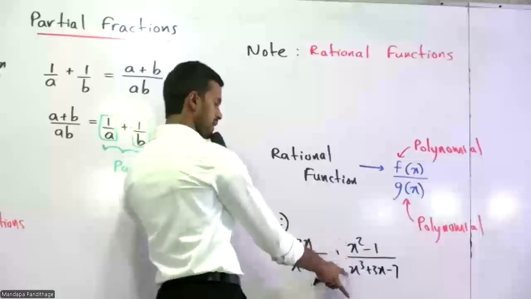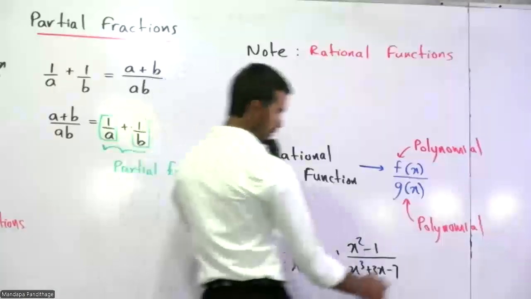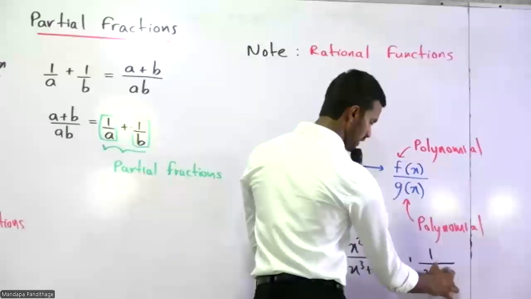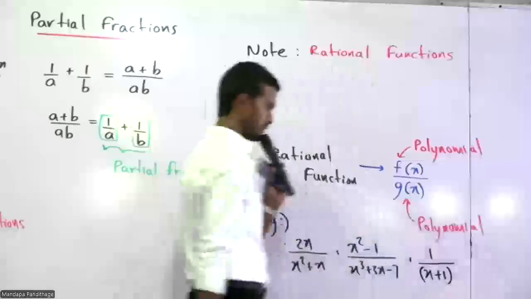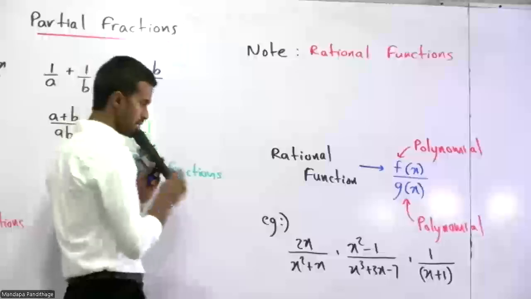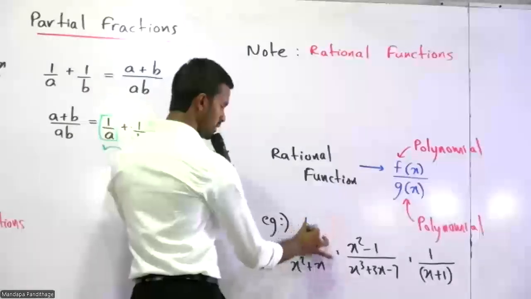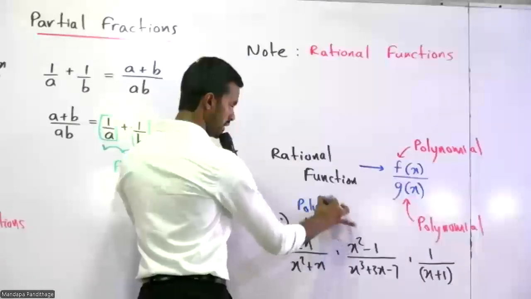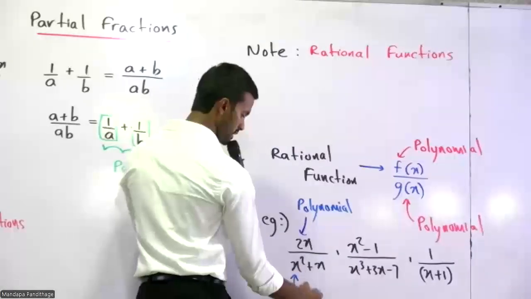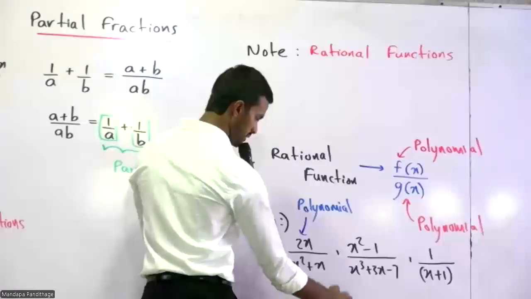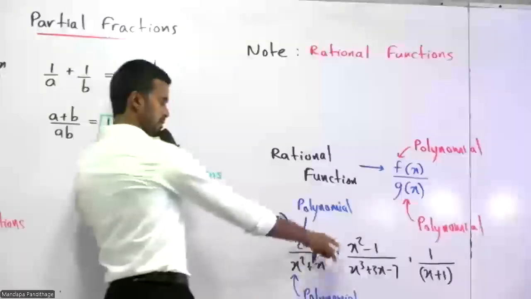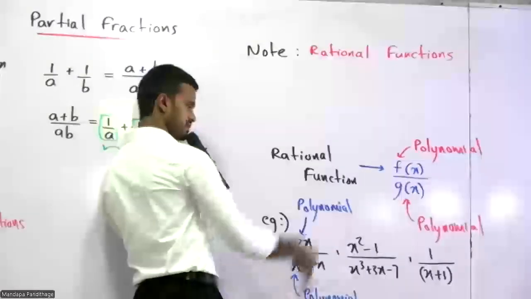This is a polynomial and this is a polynomial, which means these are rational functions.